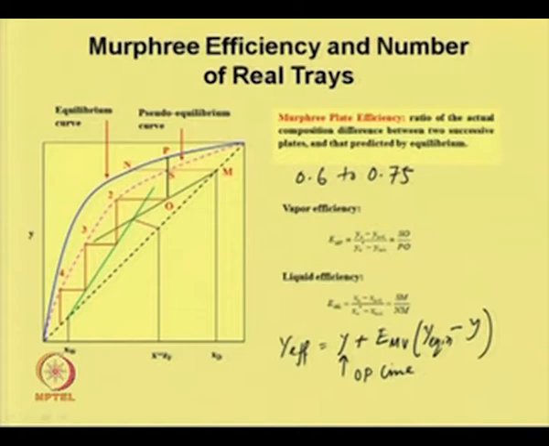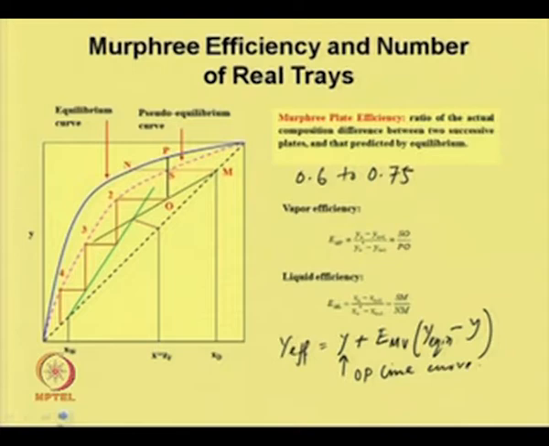Then we can calculate Y effective and draw the pseudo equilibrium curve, which is shown over here in dotted line. So, this is the pseudo equilibrium line.